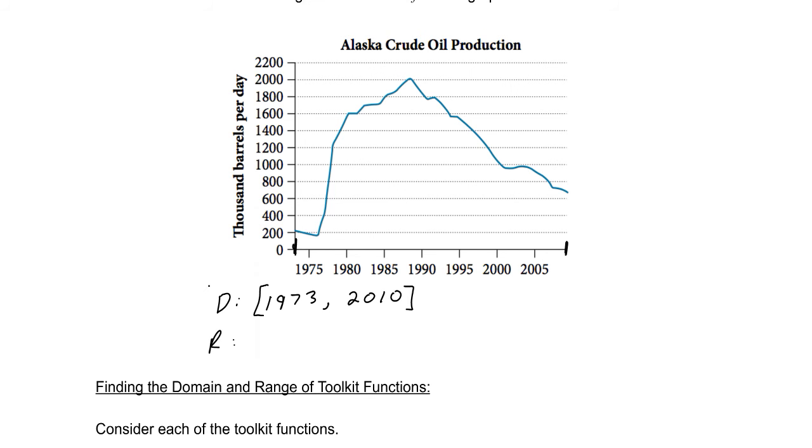My output values range from something right there to something a little over 2,000. And I'm going to go with the values that the book estimates those to be, which are 180 as a lower value up to 2010.